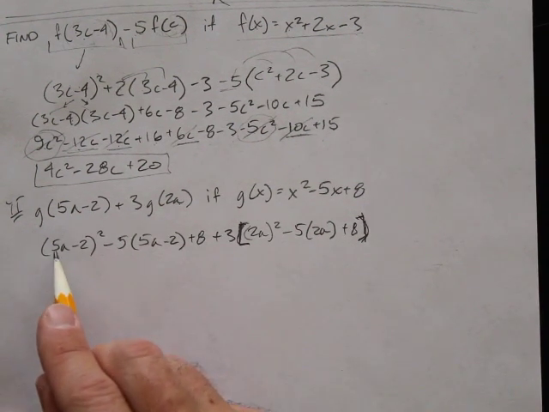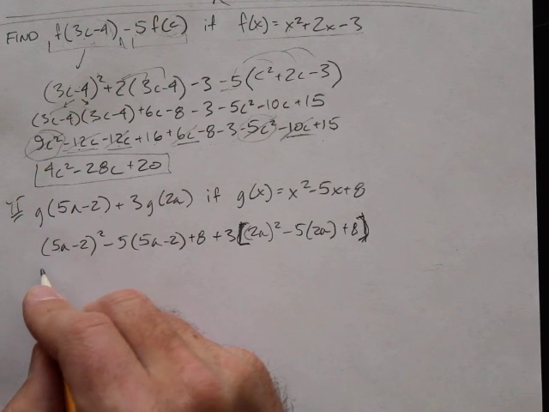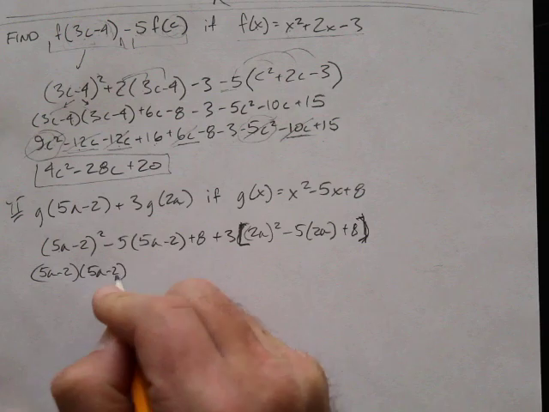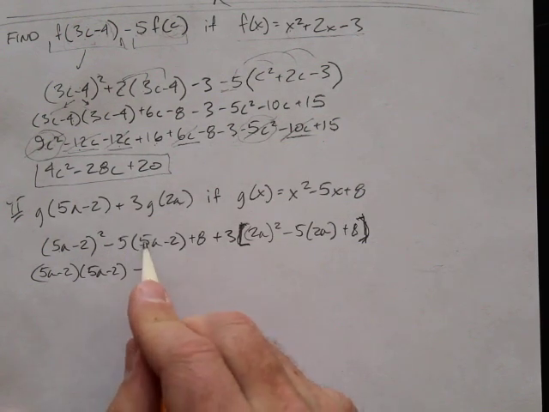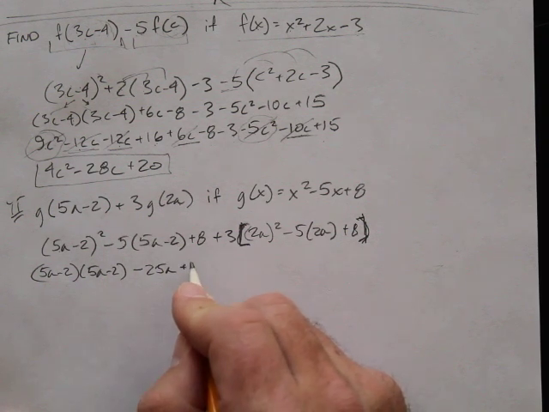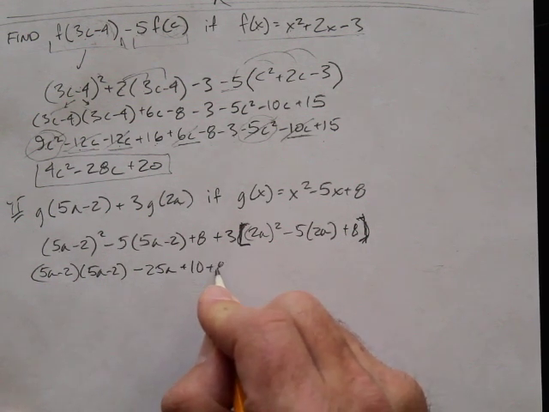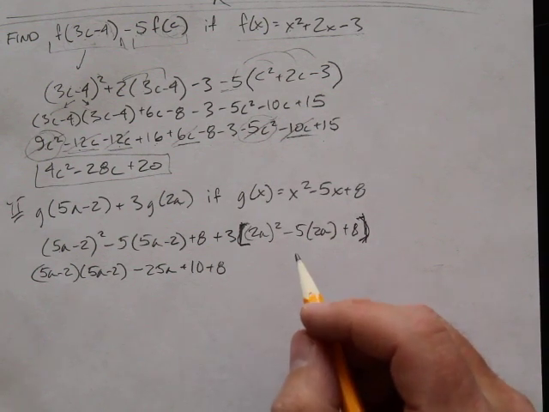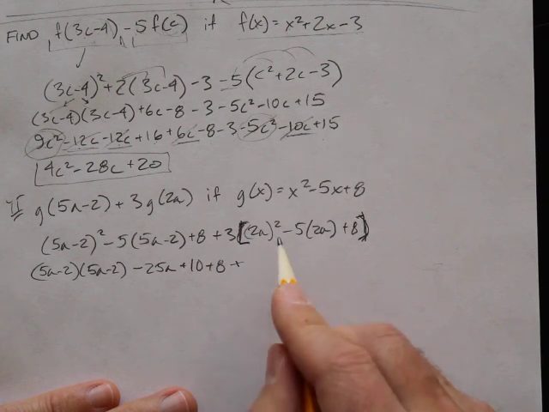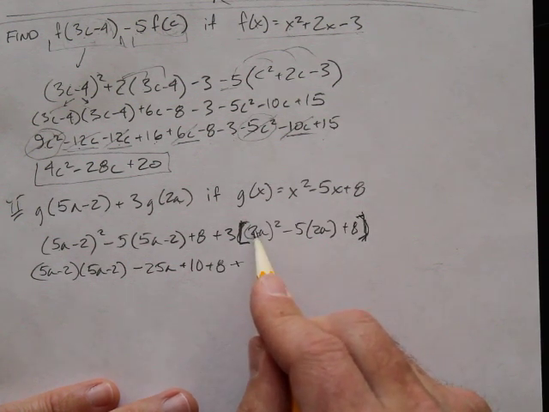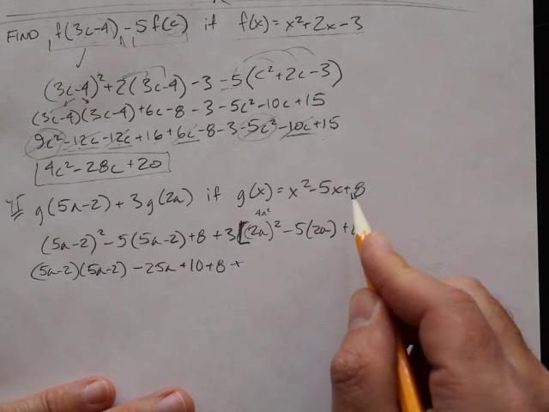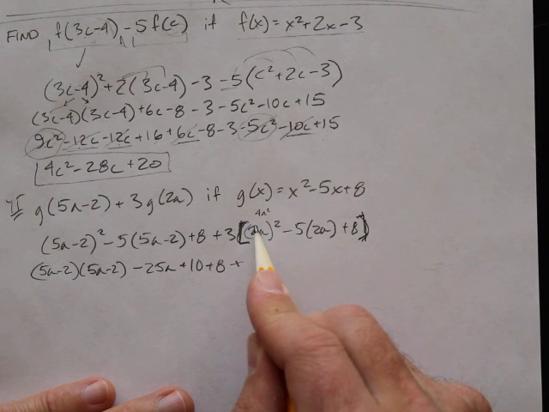So this is going to be 5a minus 2 times 5a minus 2, minus 5 times 5a, which is 25a, plus negative 5 times negative 2, which is positive 10, plus 8, plus, now I'm going to do this here, 2a squared is 4a squared, 2 squared and a squared.